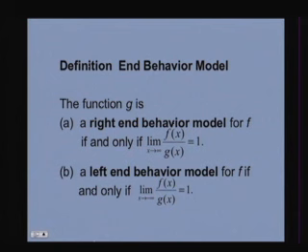And the function g is a left-end behavior model for the function f if and only if the limit as x goes to negative infinity of f of x divided by g of x is equal to 1.